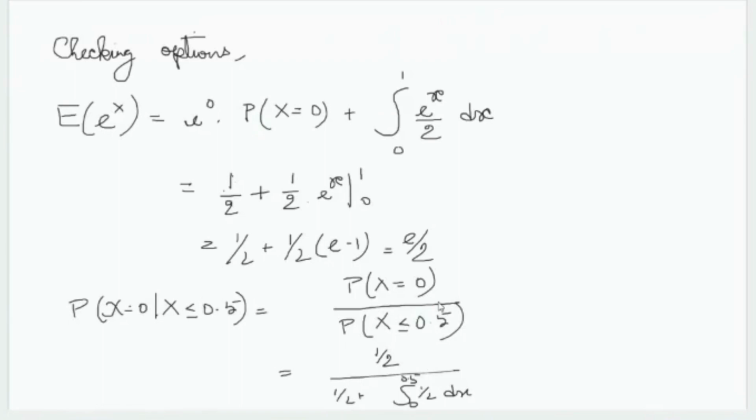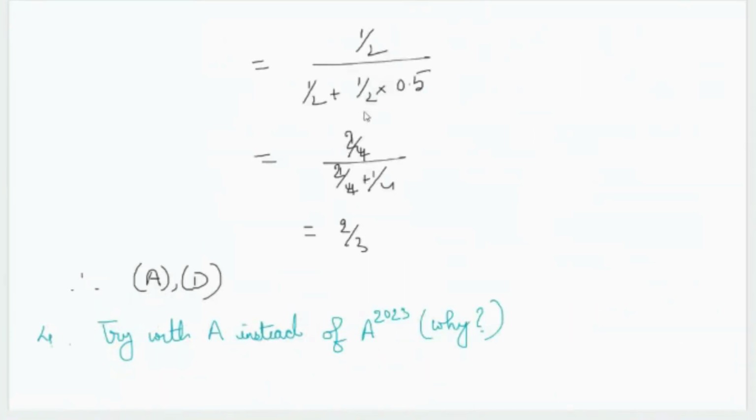So the numerator is probability x equal to 0 and the denominator is probability x less than equal to 0.5. I have written down probability x equal to 0 here, which is half, plus integrating from 0 to 0.5 the PDF of x, so it's simply half dx. And here I have simply done some simplifications, and the answer comes out to be 2 by 3. So A and D are the correct answer.